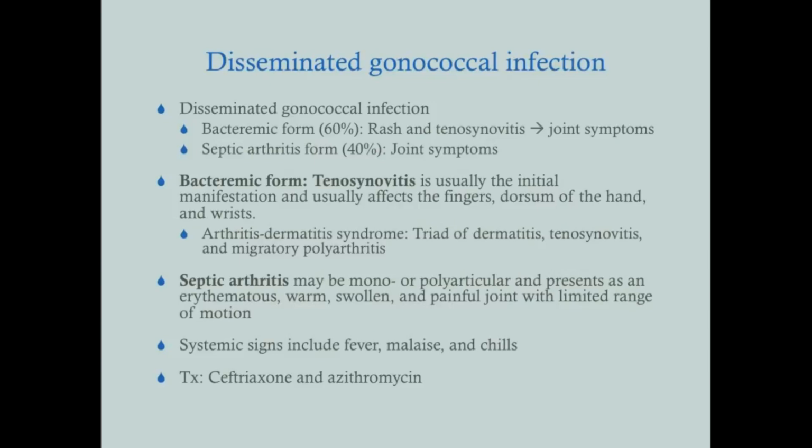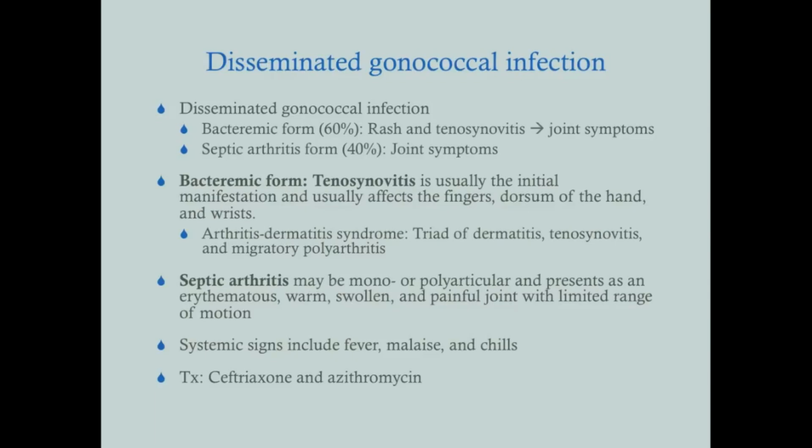In about 60% of patients, it's going to present as the bacteremic form. The bacteremic form commonly presents as tenosynovitis, but there's a typical triad for the classic disseminated gonococcal infection, and that's skin lesions, polyarthralgia, and tenosynovitis.